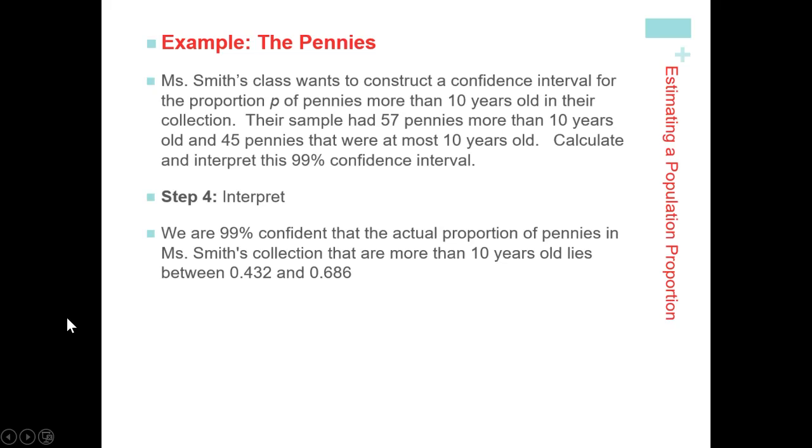We are 99% confident that the actual proportion of pennies in Miss Smith's collection that are more than 10 years old, so that's the actual parameter that we're trying to estimate, is between these two values. Okay, 99% confident that this actual population proportion is between these two values.